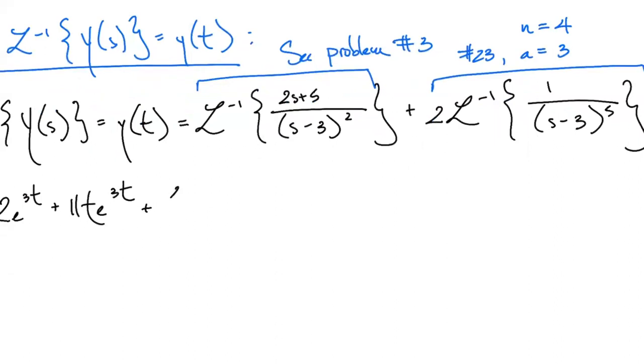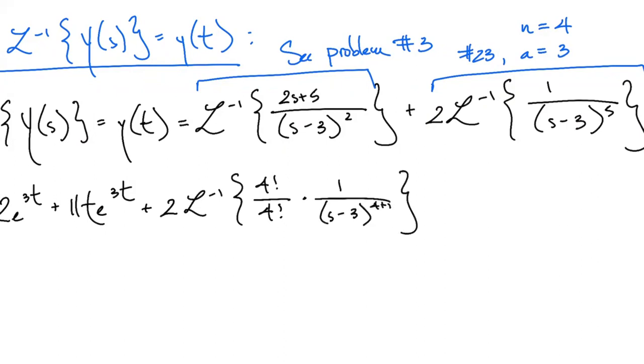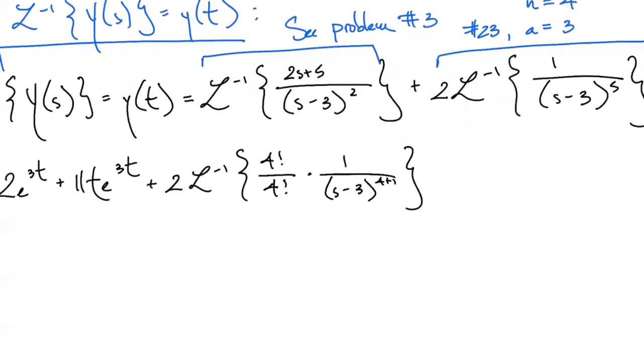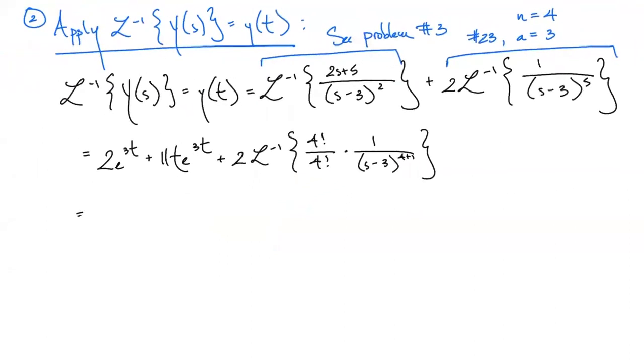And we can go ahead and actually say 2 inverse Laplace of 4 factorial over 4 factorial, right? That's just 1. I didn't change anything, times 1 over s minus 3 to the 4 plus 1, right? This numerator 4 factorial is going to stay on the inside so we can use our table, but this denominator 4 factorial, we can go ahead and pull out and put underneath that coefficient of 2 that we already have in the front.